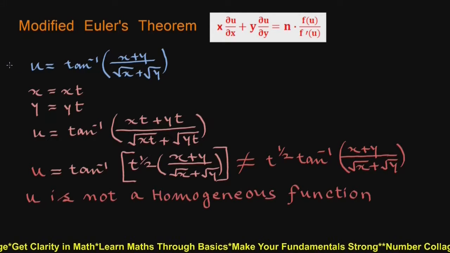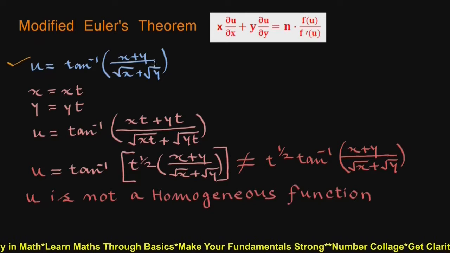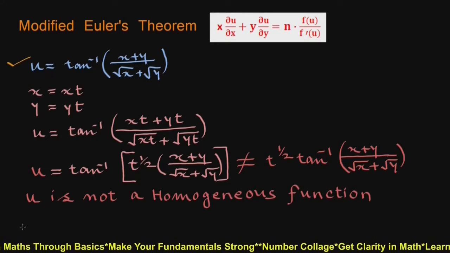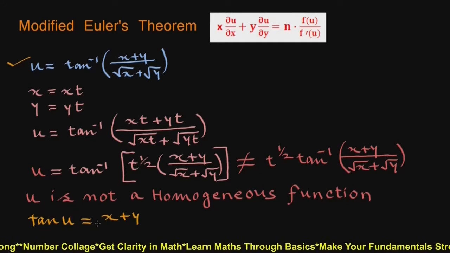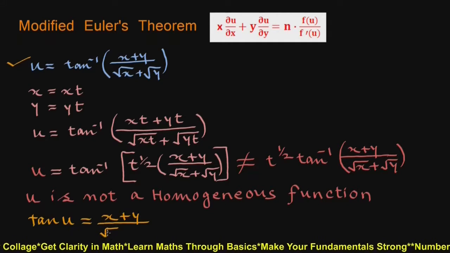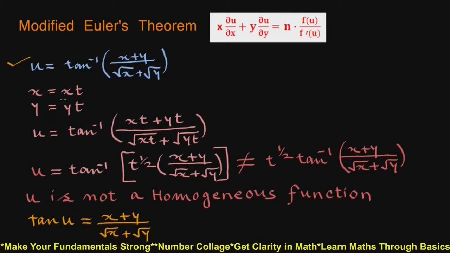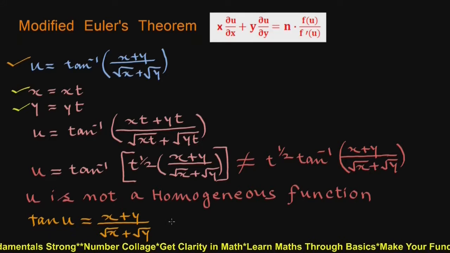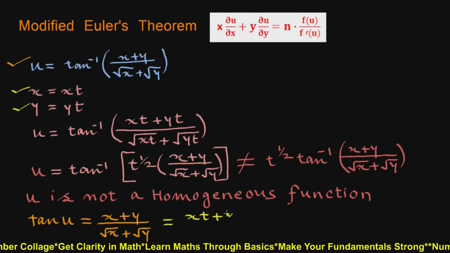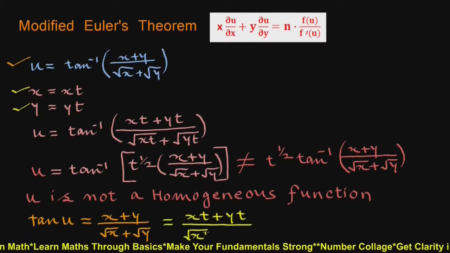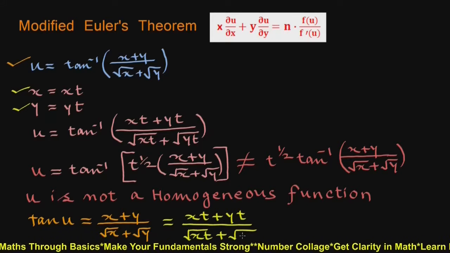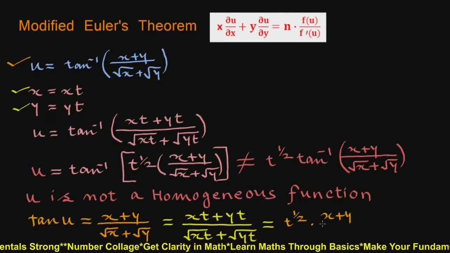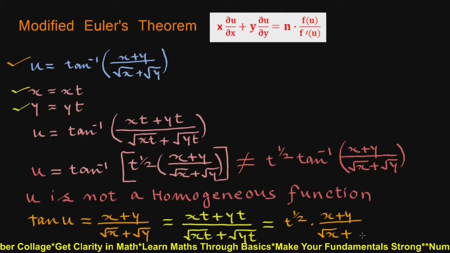Now, we can write u equals tan inverse of (x plus y) upon (root x plus root y) as tan u equals (x plus y) upon (root x plus root y), which after putting x equals xt and y equals yt becomes (xt plus yt) upon (root xt plus root yt), which becomes t raised to half into (x plus y) upon (root x plus root y).